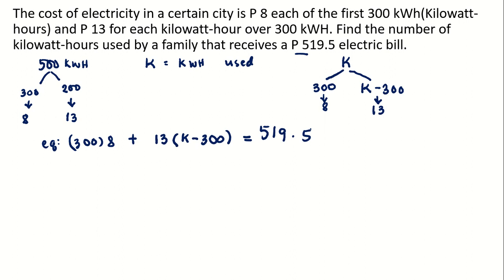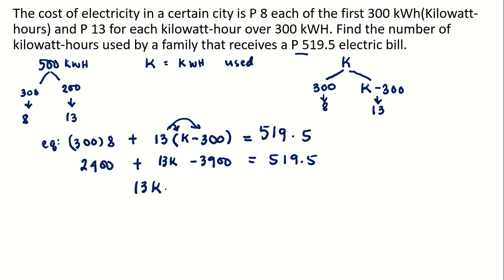So applying algebraic manipulation, 300 times 8, we have 2,400, plus distributing this, we have 13K minus 3,900 is equal to 519.5. And then combining 2,400 and 3,900, that is 13K minus 1,500 is equal to 519.5.